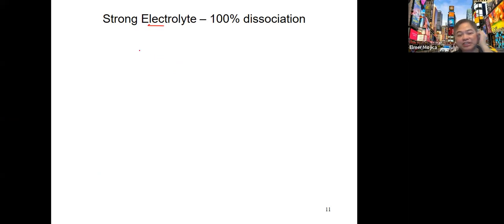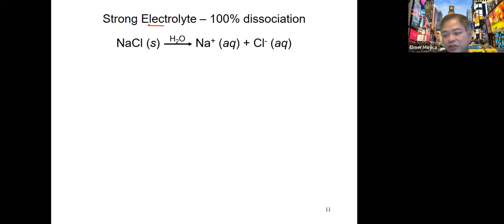This usually happen in ionic compound, like NaCl. Okay, so NaCl, when you put in water, they separate into cations and anions. So that's 100% dissociation. Now, another kind of strong electrolyte are the strong acid and strong base that we're going to discuss later on.